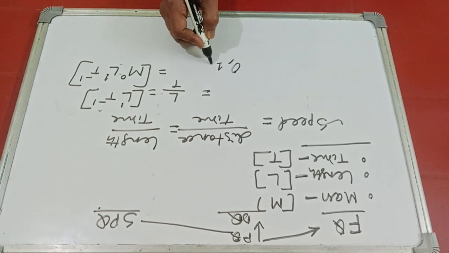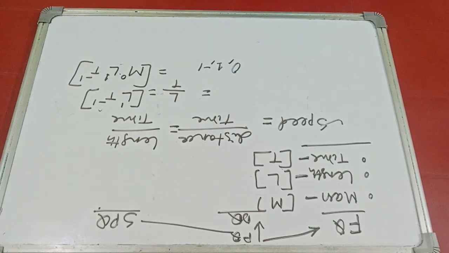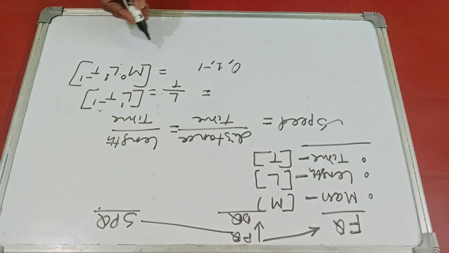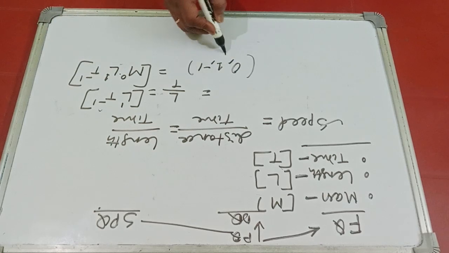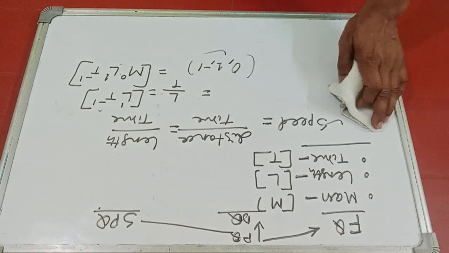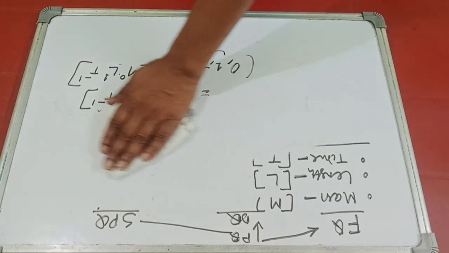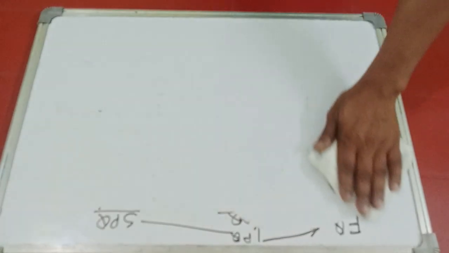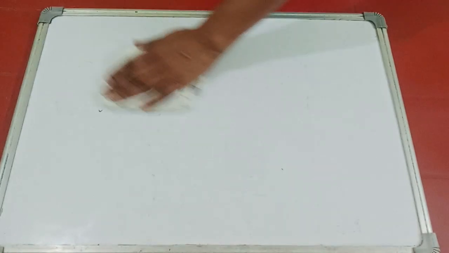Here 0, 1, and minus 1: 0 is the power of mass, 1 is the power of length, and minus 1 is the power of T. In this way, we will be expressing all physical quantities, therefore its symbol raised to its powers.